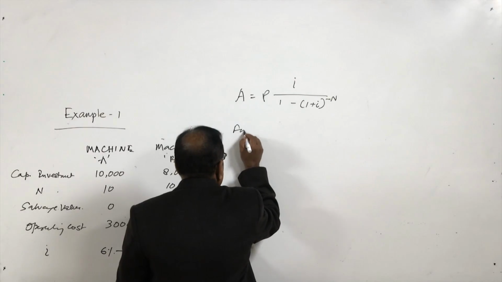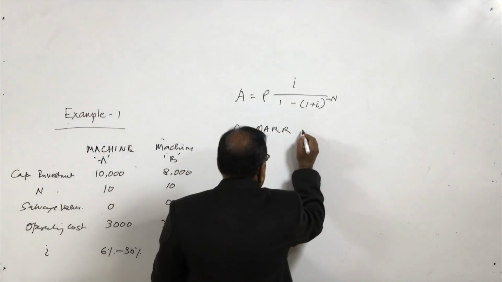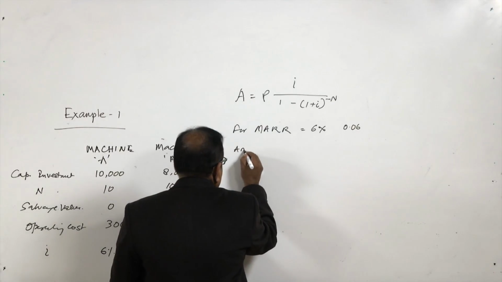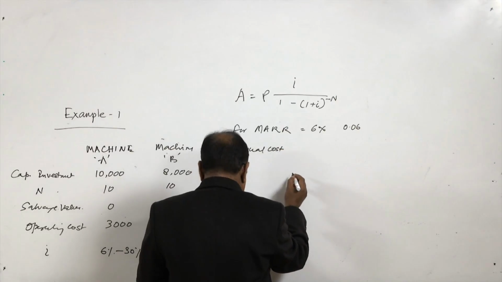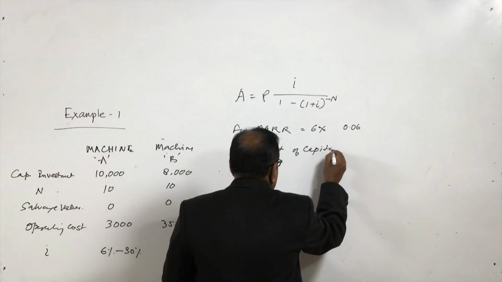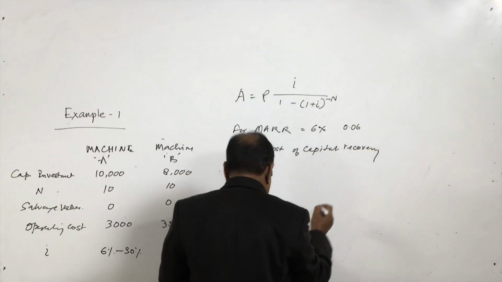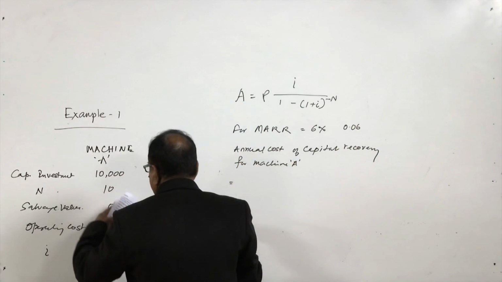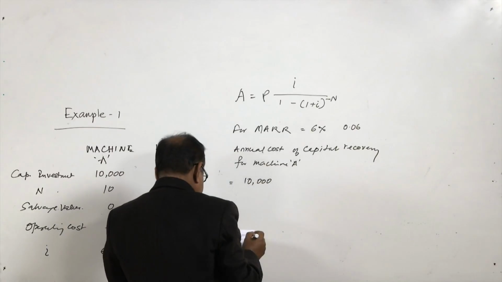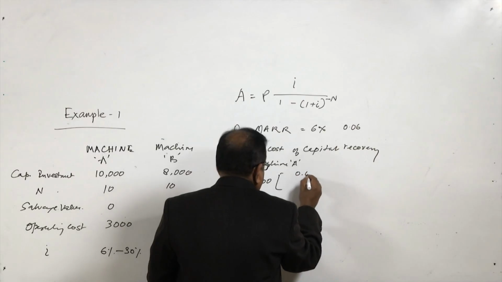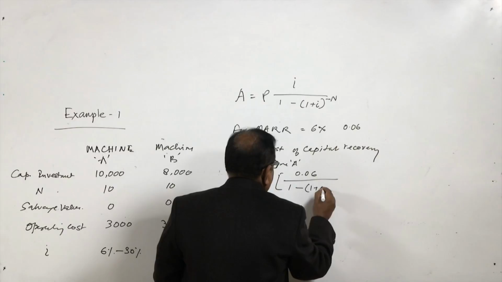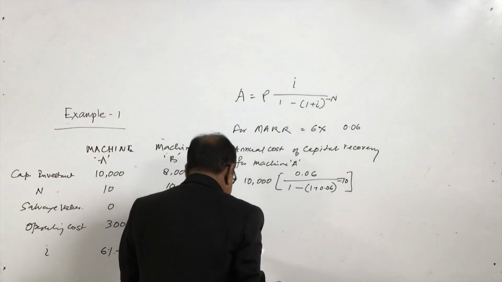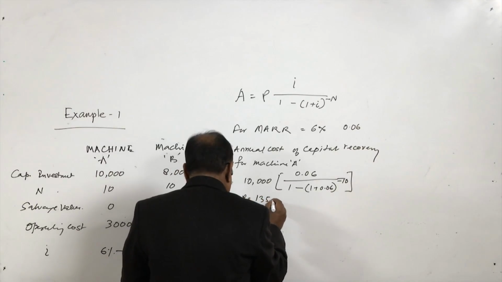So, for MARR equal to 6%, or 0.06, the annual cost of capital recovery for machine A is equal to the cost 10,000 into 0.06 divided by 1 minus (1 plus 0.06) to the power minus 10. This comes out to be rupees 1358.68.